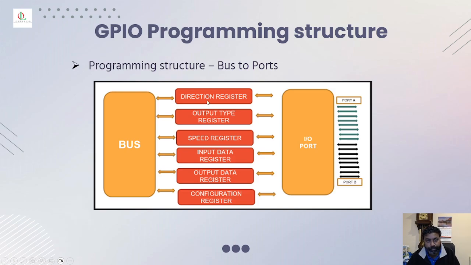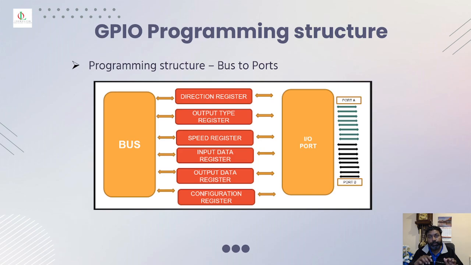First in the rank is the direction register. You have to say what direction that register is going to represent. There are 4 different modes. By default, all the GPIO registers come as input. If you want to use it as an output, you need to change the code to 01, which denotes output.